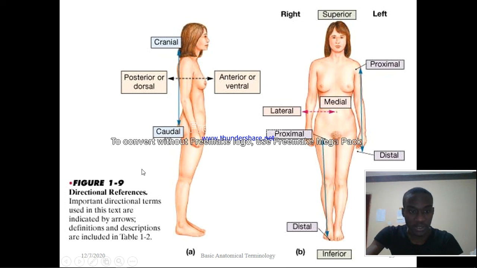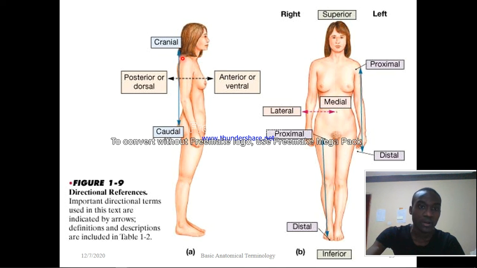So these are some of the directional references that we have been discussing, where we have the caudal. Say the caudal is the back side, then posterior or dorsal is still the back side. Now this is posterior caudal.